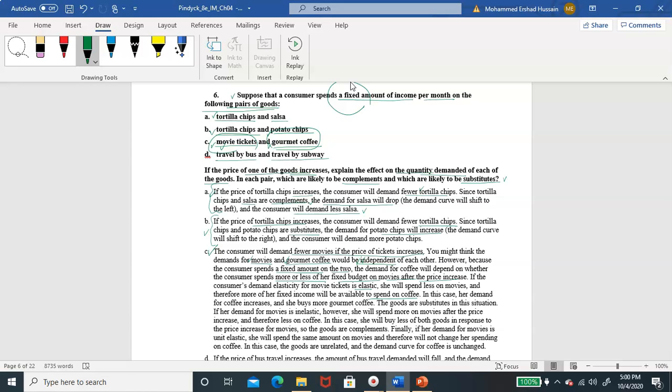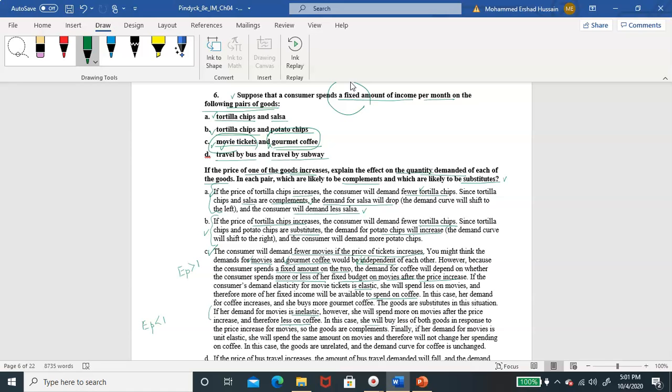If her demand for movies is inelastic, right? Demand for movies is inelastic means elasticity less than 1, and elastic means it is more than 1. If it is inelastic, then what will happen? She will spend more on movies after the price increase, and therefore less on coffee.